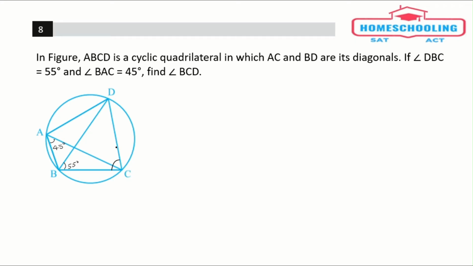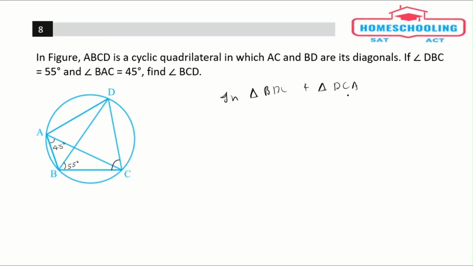Now let's see what we can do here. Question number 8. Do we have a common chord here? Yes, we have found a common chord in triangle BDC and triangle DAC.